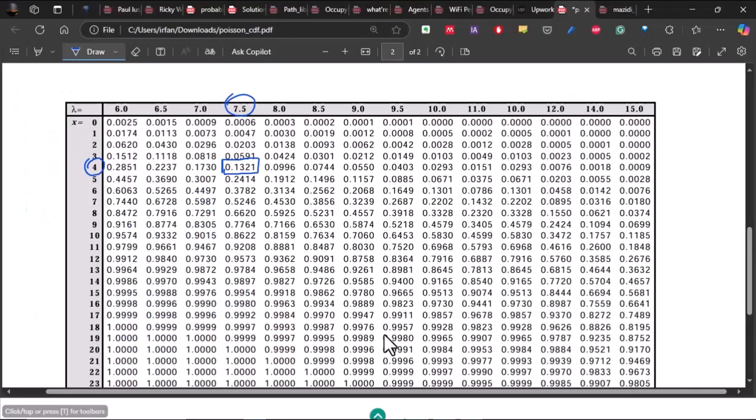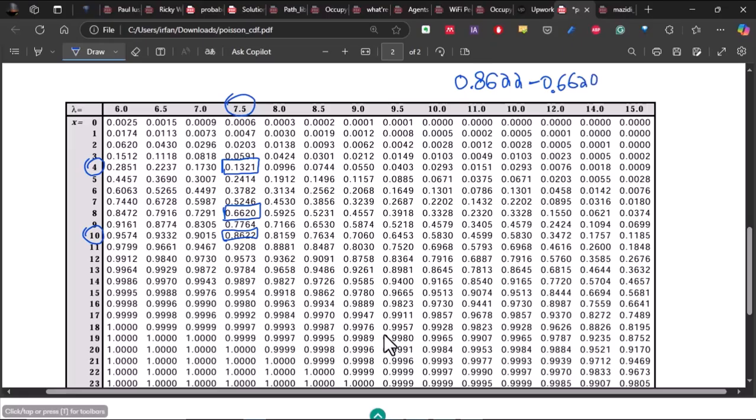So this is 7.5 and we want to find the value for 10. The value for 10 is 0.8622, and for 8 it is 0.6620.